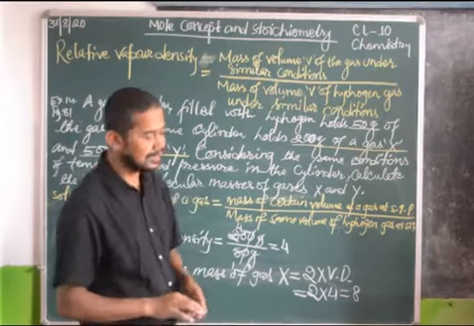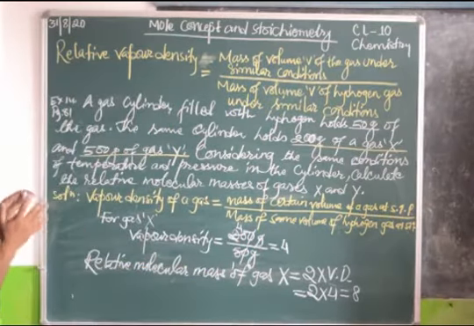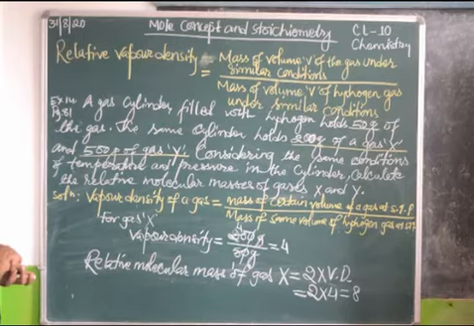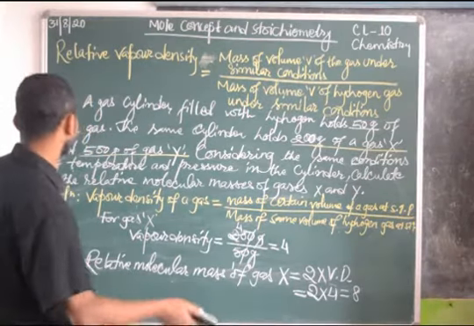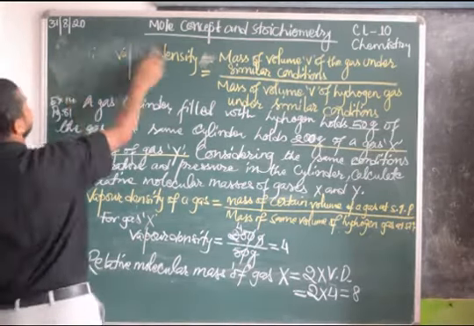Similarly, first of all, we will be finding the vapor density of gas Y, then we will be finding the relative molecular mass of gas Y. So let me draw this.